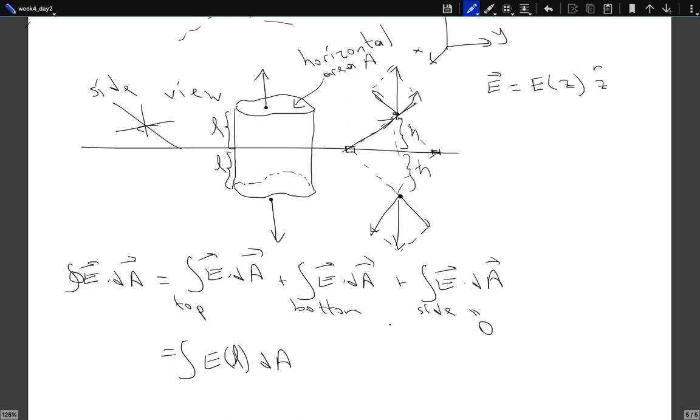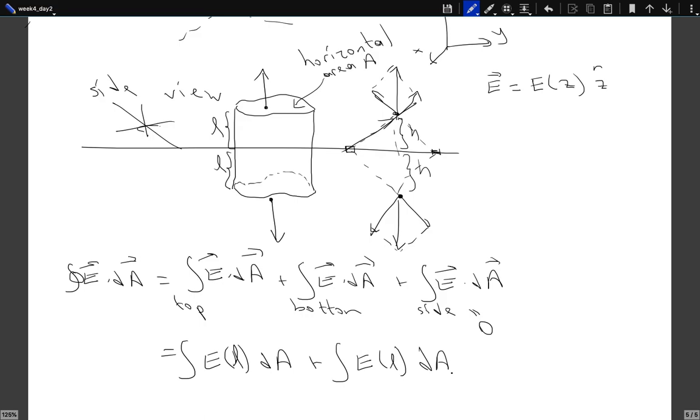On the bottom, the magnitude is again E(L), the electric field evaluated at a distance L, because we said that the magnitude on the bottom is the same as the magnitude on the top. So it's exactly the same magnitude, multiplied by dA. At the bottom, the area vector is pointing downward. The electric field is pointing downward.